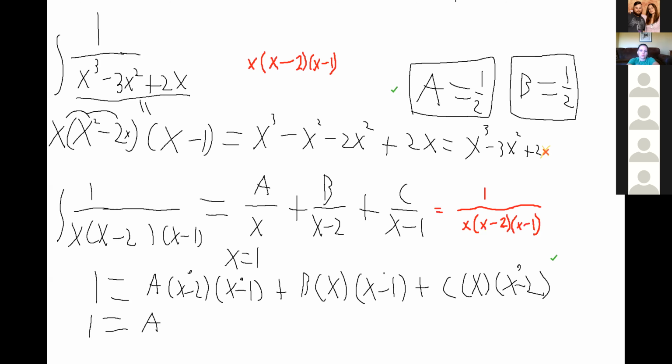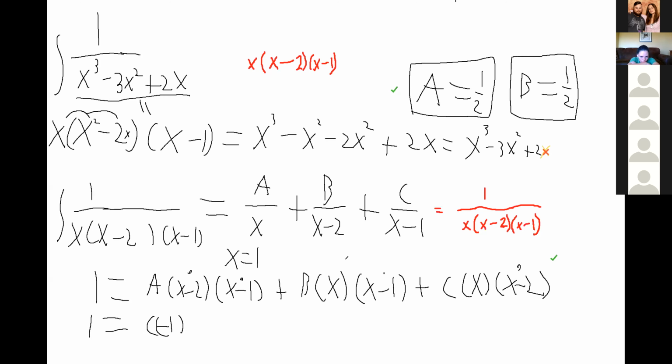So look, A and B are going to disappear, right? Yes. And you're going to get C times, looks like -1. So C is -1. Just like you said, if you put in 1 here, that's just 1 times -1.